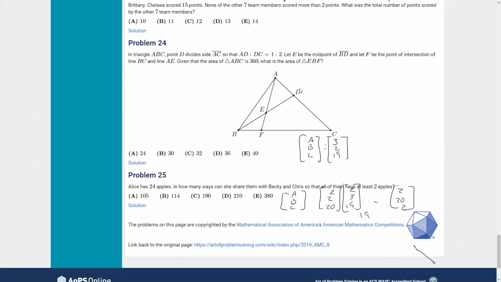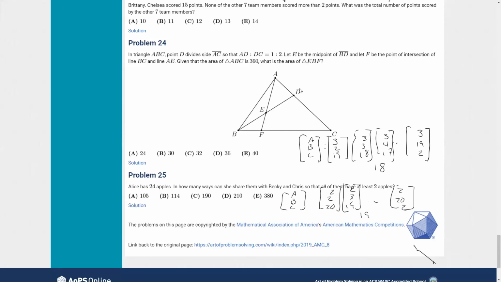So what that tells us is that Alice is just going to keep getting 3, but Becky will get 3, Chris will get 18. So Alice gets 3, Becky gets 4, Chris gets 17, and keeps going until Chris gets 2, Becky gets 19, and Alice has 3. So in this case, how many options? There are 18 different ways that this can happen.